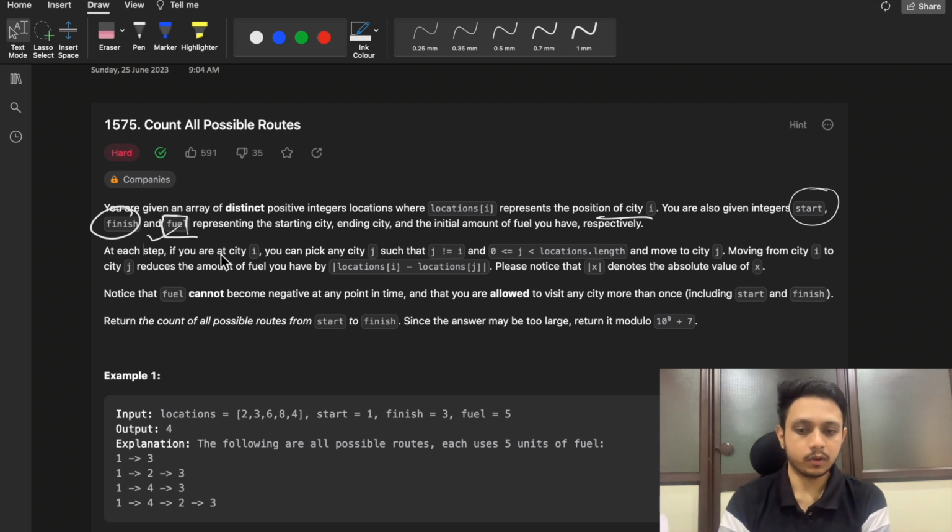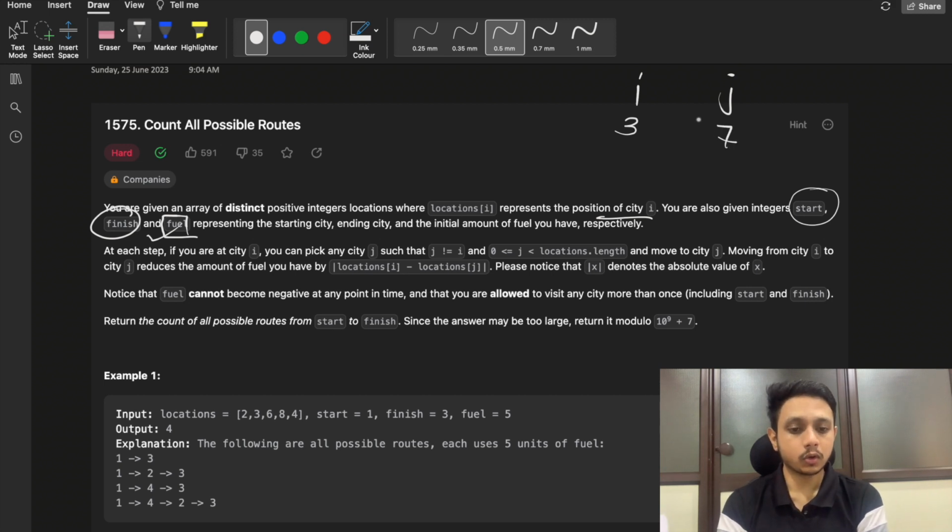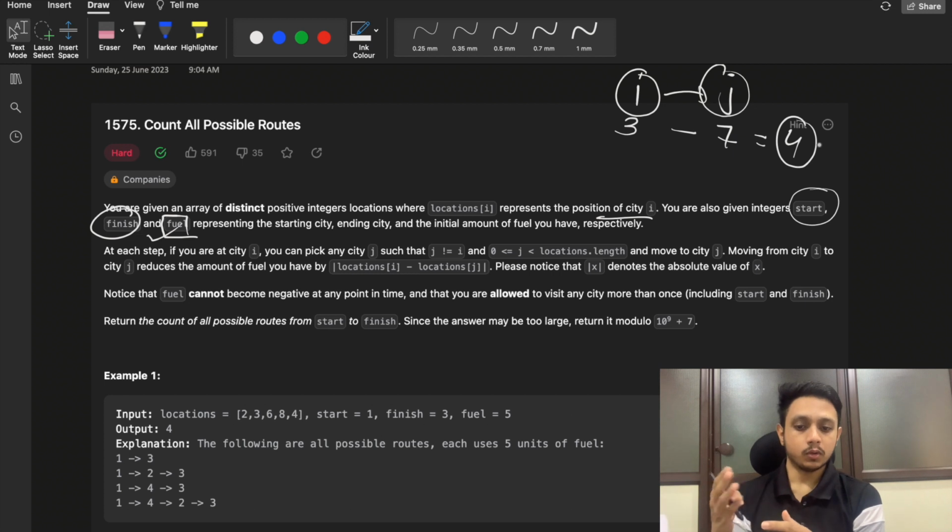For example, if city i is located at position 3 and city j is located at position 7, the fuel cost to travel from city i to city j is the difference, which is 4. This is how we calculate fuel for each route, and we have to make sure that we reach the finish, our destination, within the given amount of fuel.